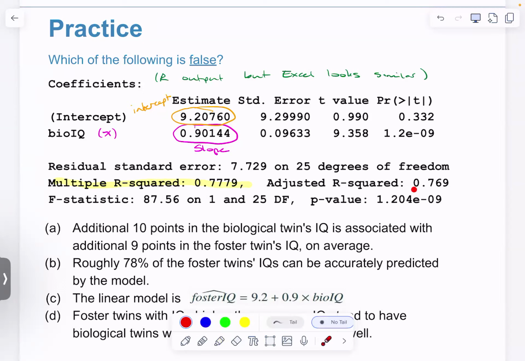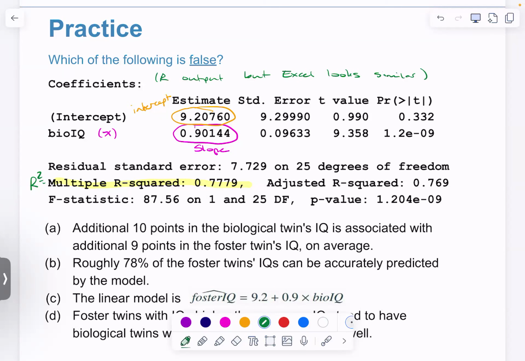Later, if you have multiple linear regression, you would use the adjusted r squared, but notice they're the same. So this, in green, is your r squared.